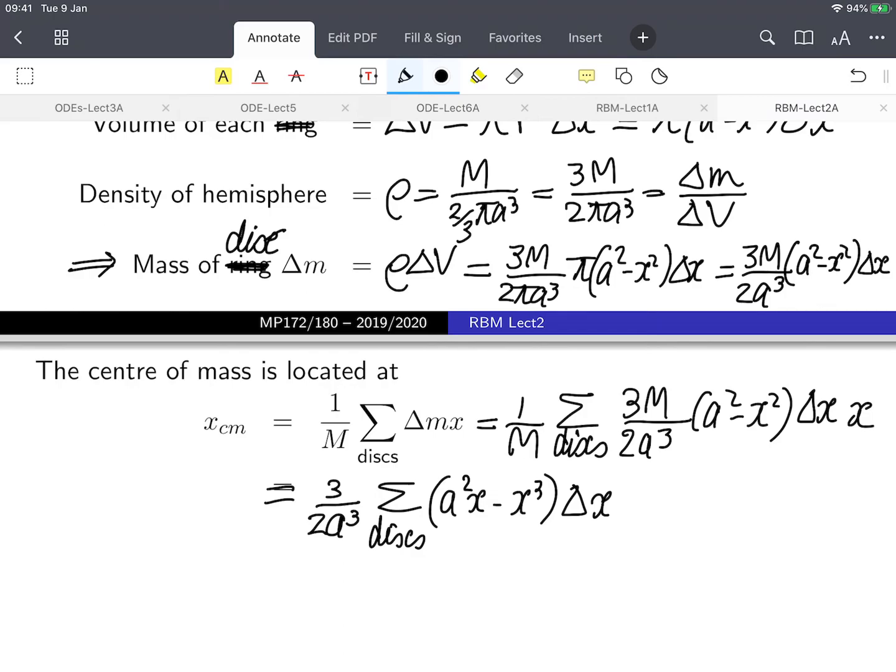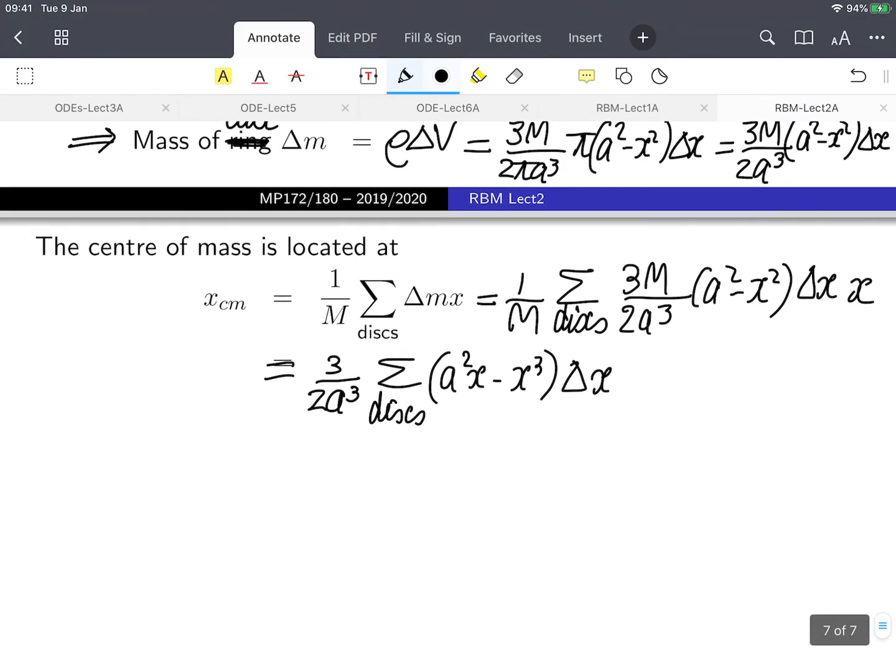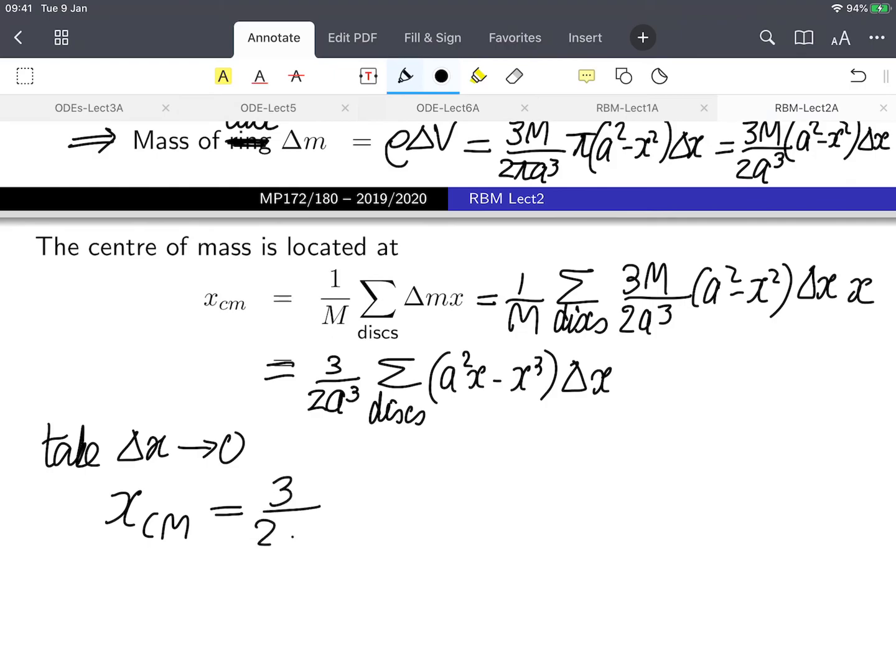If I take delta x to go to 0, this is going to tend to the integral of this function. Take delta x goes to 0, and then you find that this is going to turn, with x going from 0 to a, into an integral.